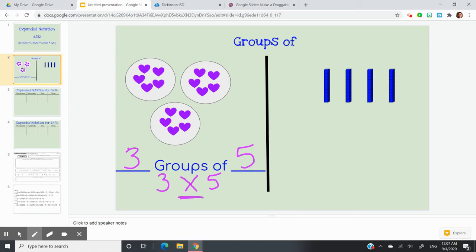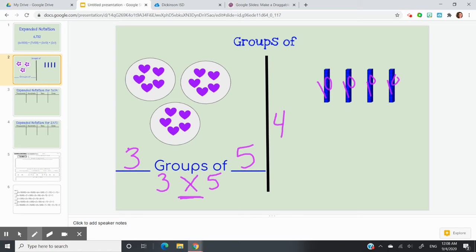Okay, so let's take that knowledge and transfer it over here to our base 10 blocks. So we have 4 base 10 blocks, okay, and they are 10s. So that means that my first one has a value of 10, the next one has a value of 10, the next one has a value of 10, and the last one has a value of 10. So we actually have 4 groups of 10.